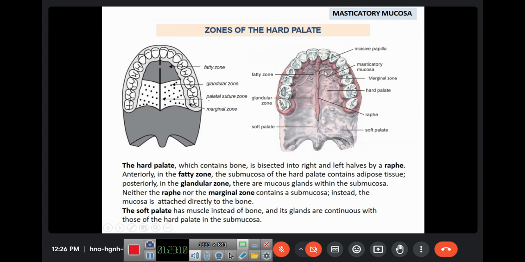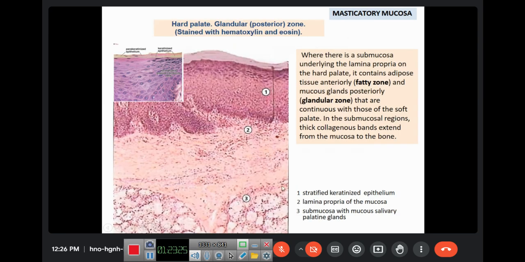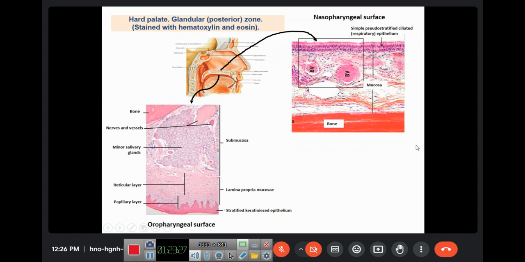The fatty zone also has the submucosa, but there in submucosa we will have a lot of adipose tissue instead of glands. This is why this zone is called fatty zone, because of fat tissue, adipose tissue. So hard palate is called hard because it has the hard bone in its core.